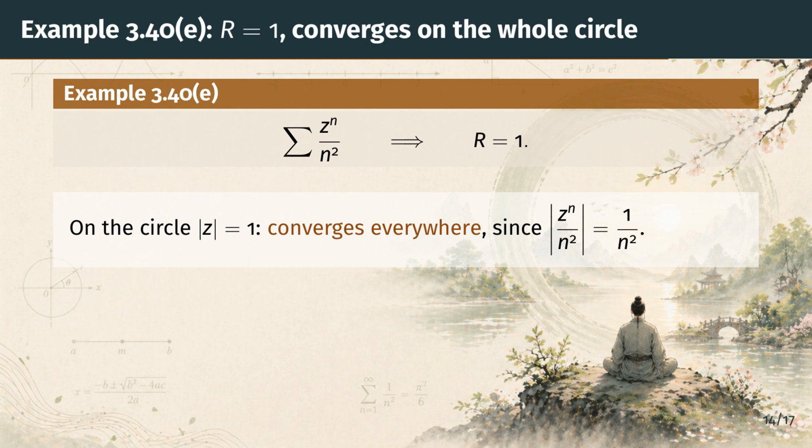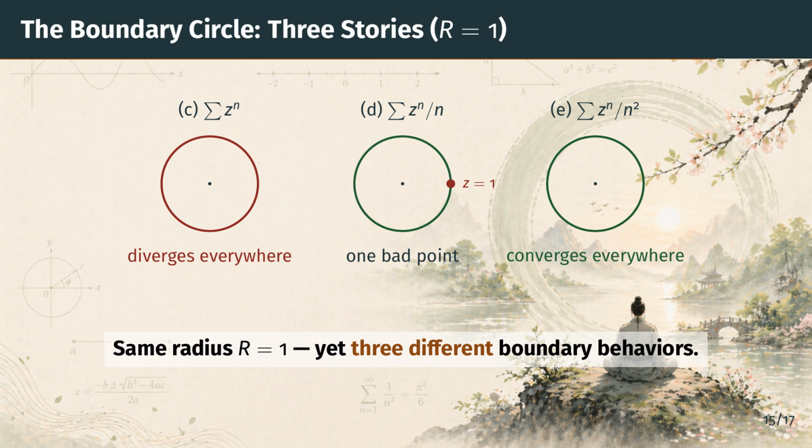Next, let's see them side by side. Here are the 3 radius 1 examples side by side, each drawn as the unit circle in the complex plane. On the left, example C, the plain geometric series. The whole circle is red because the series diverges at every point of the boundary. In the middle, example D, the series of z to the n over n.